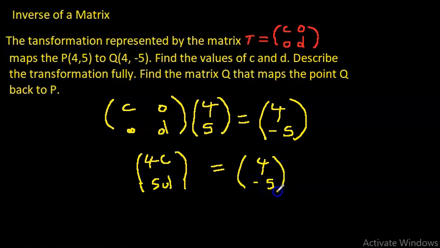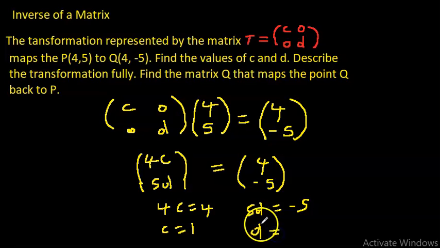So we can see what's happening now. 4C equals 4. Divide both sides by 4, C equals 1. And 5D equals minus 5. Divide both sides by 5, D equals minus 5 over 5, and that's minus 1.